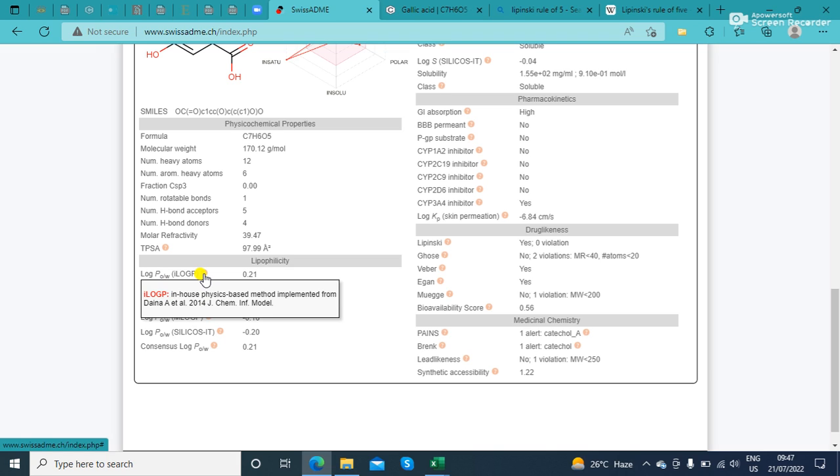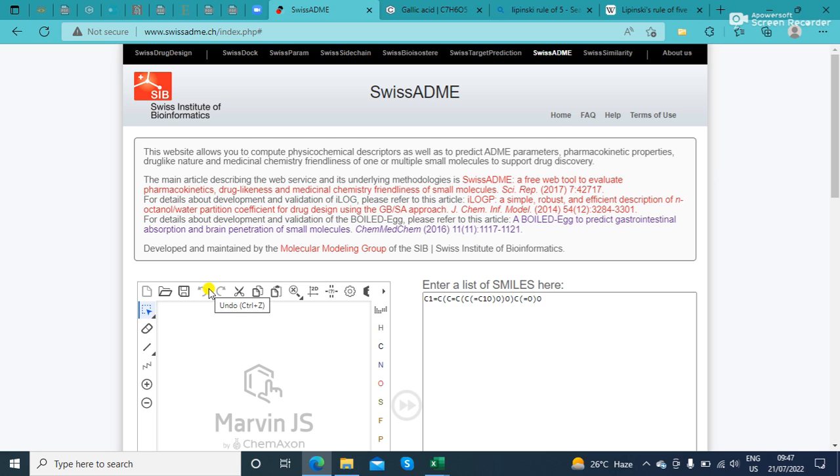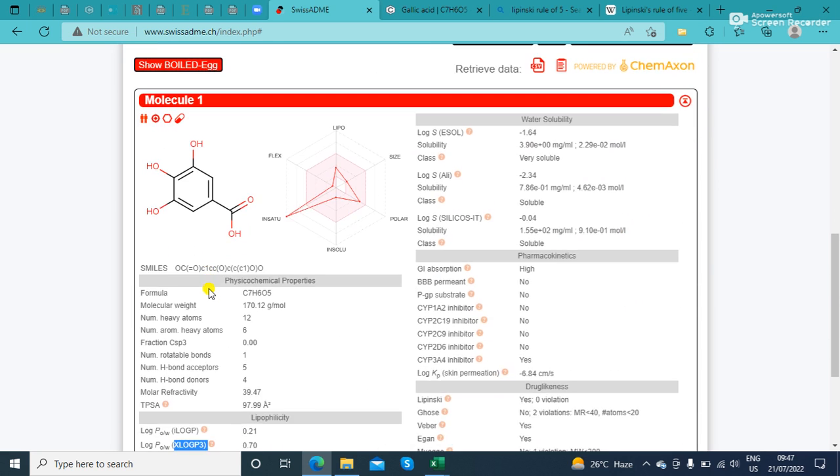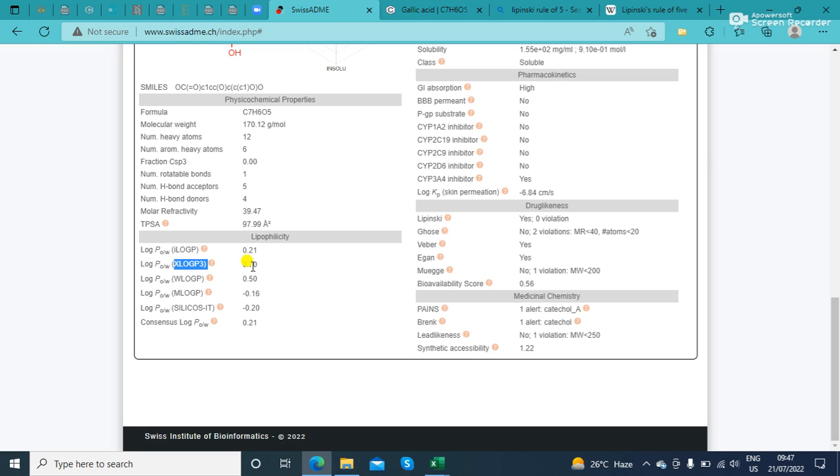By pointing the cursor on the question mark, you will read about the definition and what it stands for. But what is generally used is the XLogP3, this one, and in our case it is 0.770.